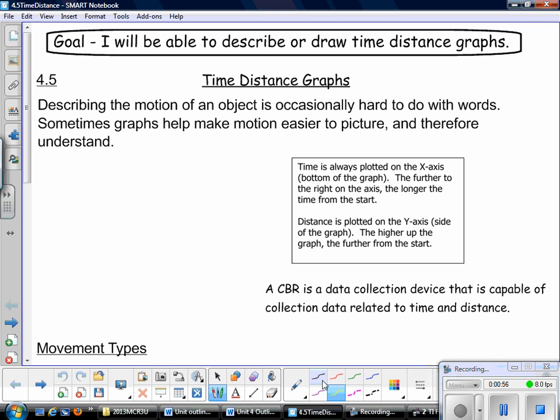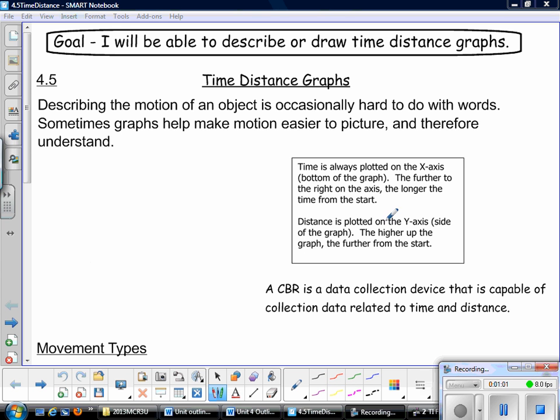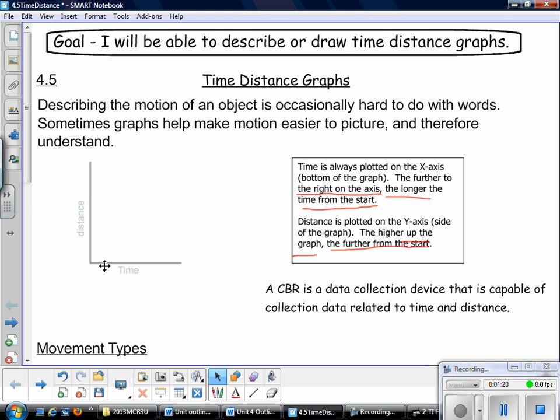And so that is actually quite important for you to recognize. The further to the right on the axis, the longer the time from the start. And the distance is plotted on the y-axis, and the higher up on the graph, the further from the start. So that means the start is at 0, 0.